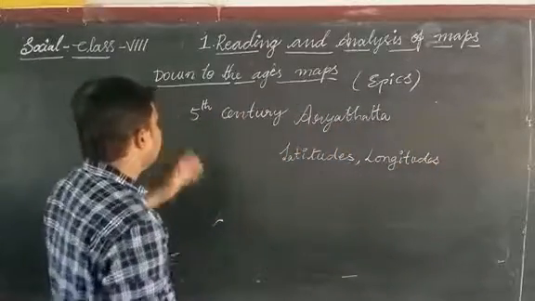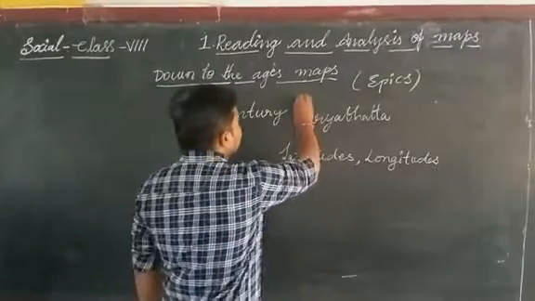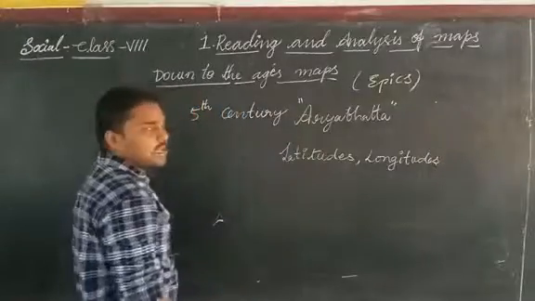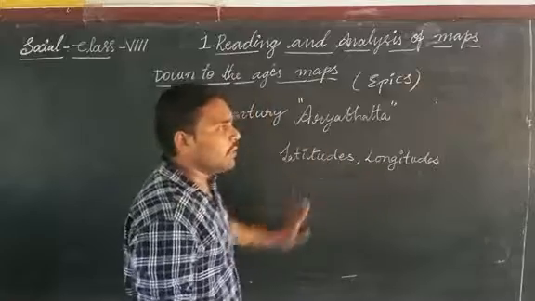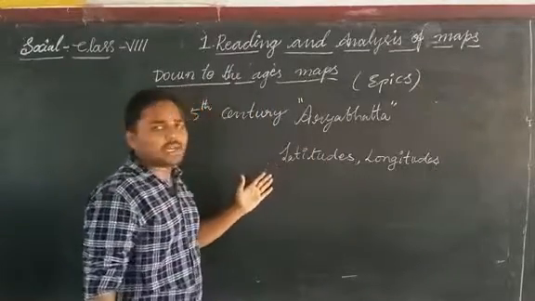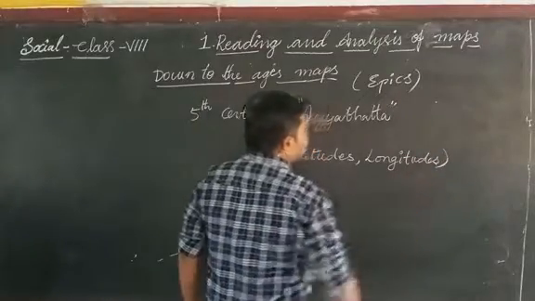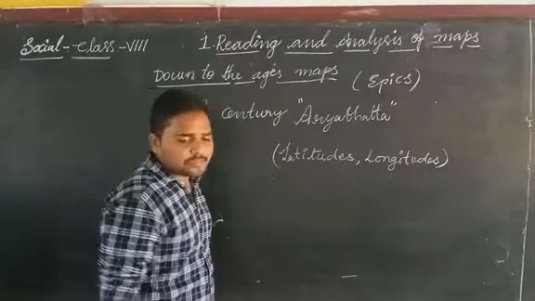At the time of the 5th century, Aryabhatta drew the map with the help of latitudes and longitudes, but it failed at that time because the people did not believe this type of technology. That's why Aryabhatta's map failed.